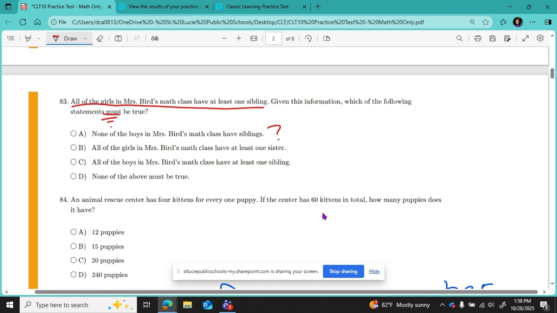B, all of the girls in Mrs. Bird's math class have at least one sister. They could have a brother. We don't know that. That's maybe. Answer choice C, all of the boys in Mrs. Bird's math class have at least one sibling. Maybe that's true. We don't know. It doesn't say anything about the boys in her class. So this one, none of the above must be true.